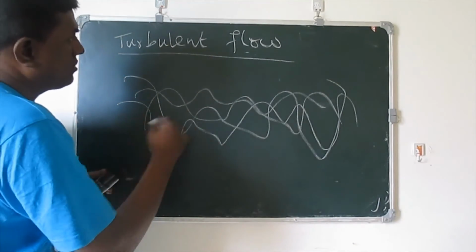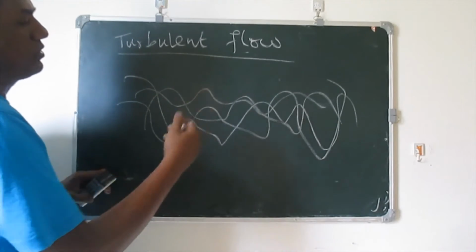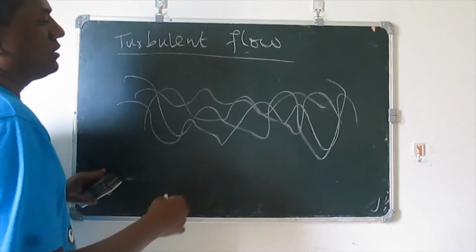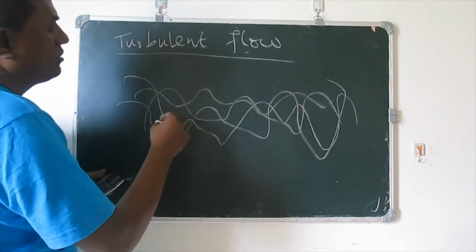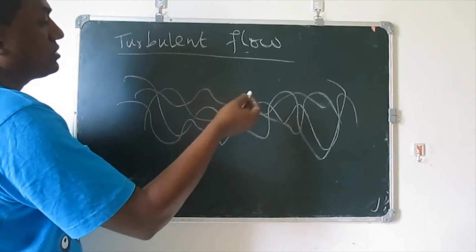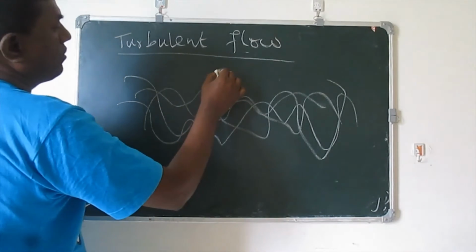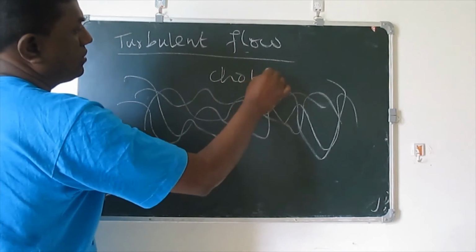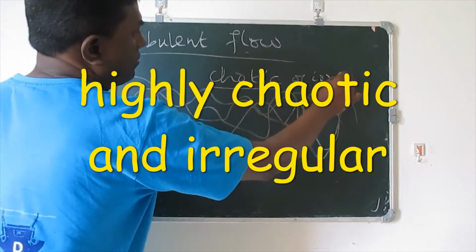That means this turbulent flow is not flowing in a regular path. It will be flowing in an irregular movement, and also interacting with each other. Because of that it is highly circulating, chaotic, or irregular.